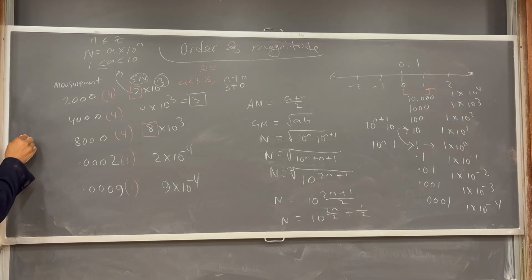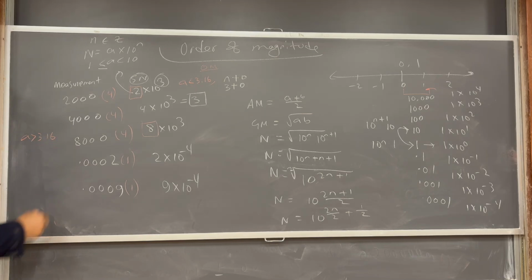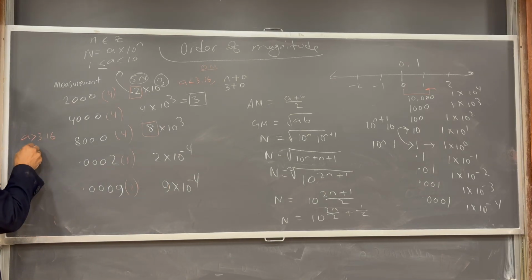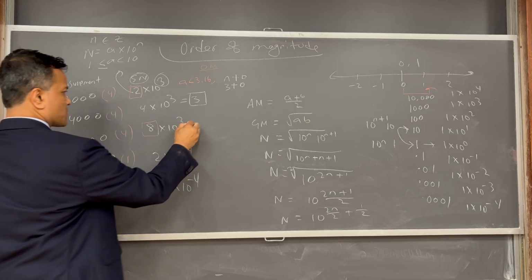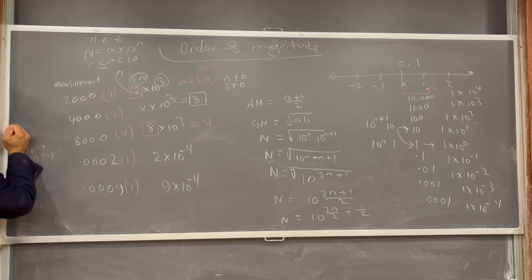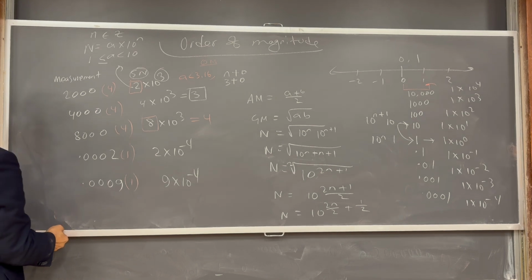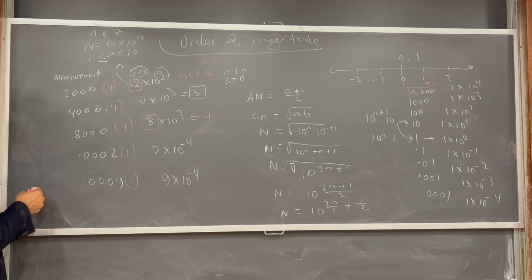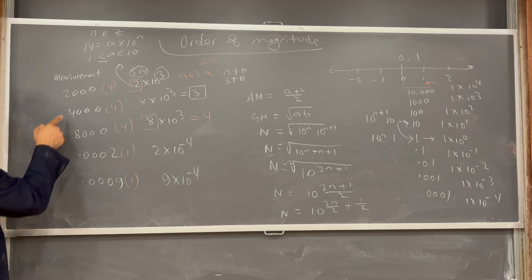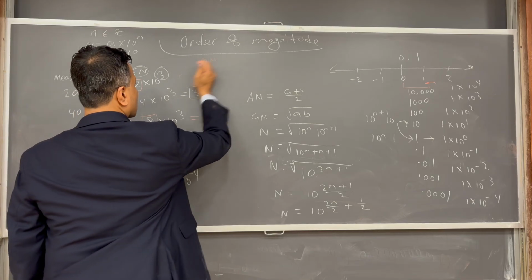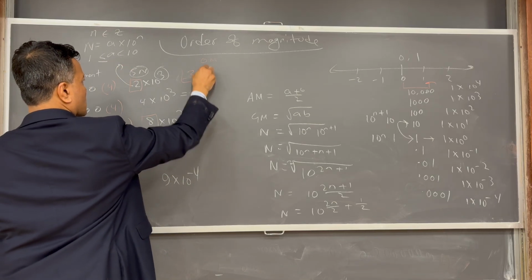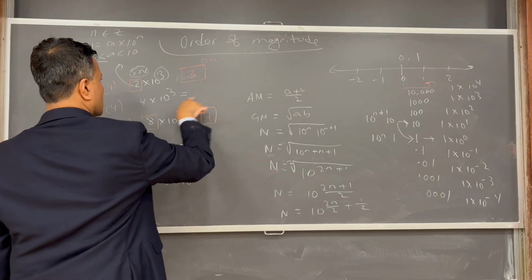A is greater than 3.16, so then n plus 1: 3 plus 1, which is 4. So this is 4. Oh, we didn't do this one. Oh, we did this one. Okay, so let's fix it. So this is 3. This is 4. We didn't do this one. Let's do this one.